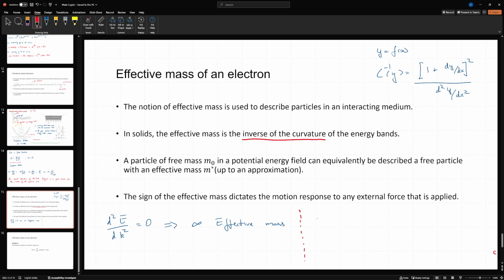So negative effective mass is analogous to bubbles in water.